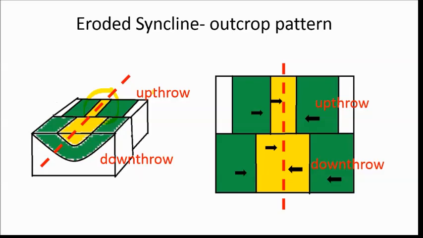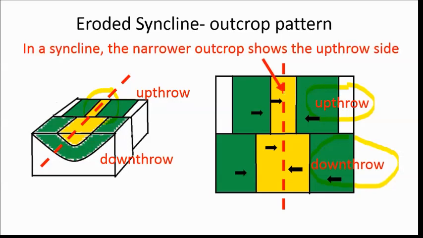So from the information we got from before, there's the axial plane trace. We know that this block is the up throw side and this block is the down throw side. Why? Because the outcrop pattern, the central core bed, is thinner to this up throw side. And that's the key to remind yourself. In a syncline, the narrower outcrop shows the up throw side.